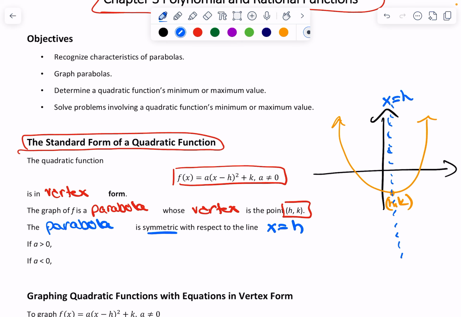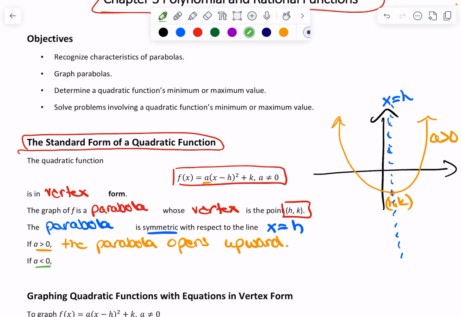Now, if a is greater than 0, the parabola opens upward, as we can see over here. This is when a is greater than 0.